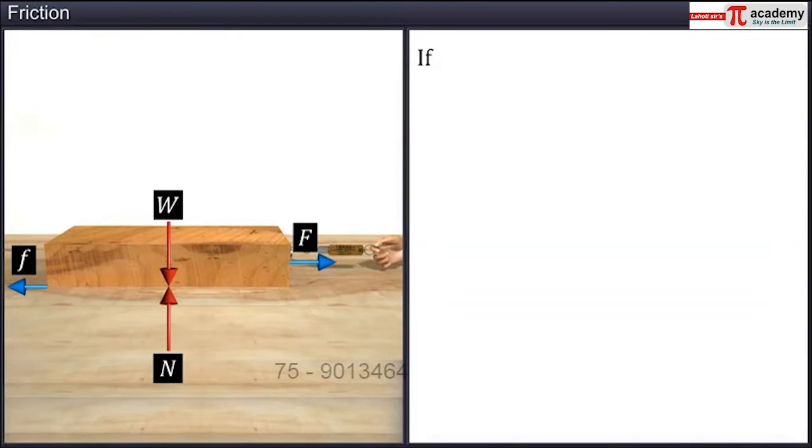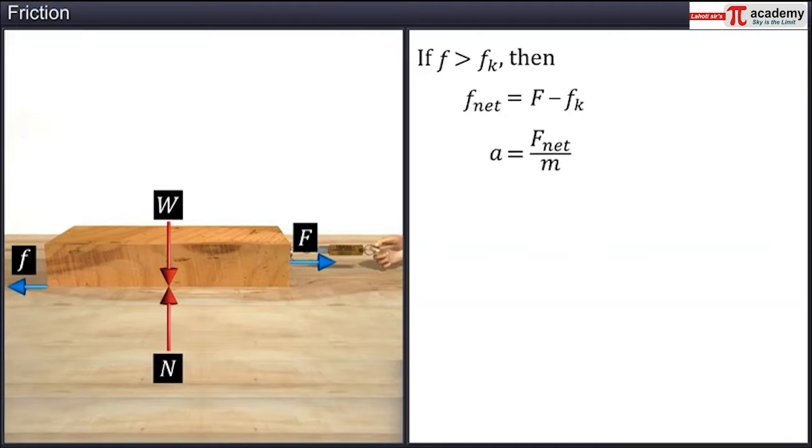If the force F applied on the block is greater than the friction Fk, then the net force on the block is F minus Fk. And the acceleration a of the block is the ratio of the net force on the block to its mass.